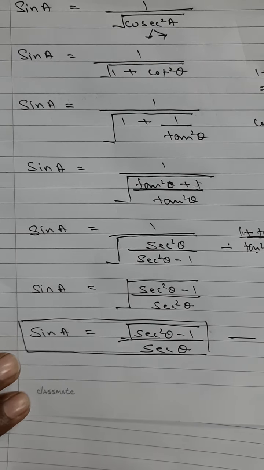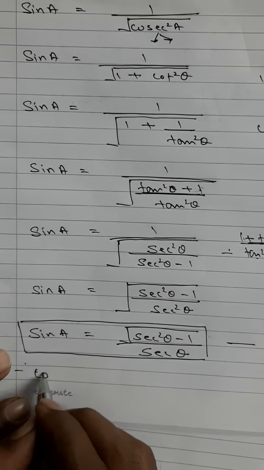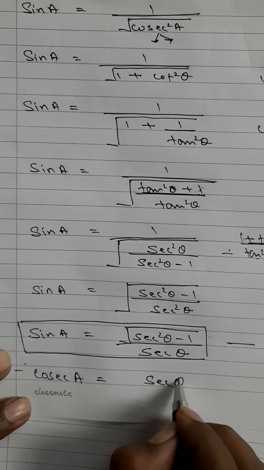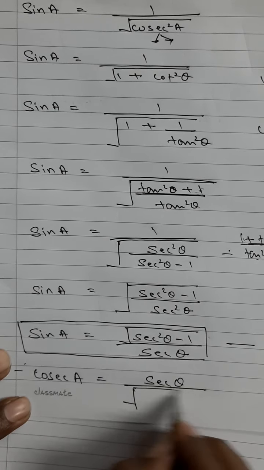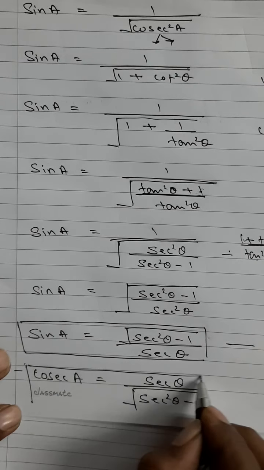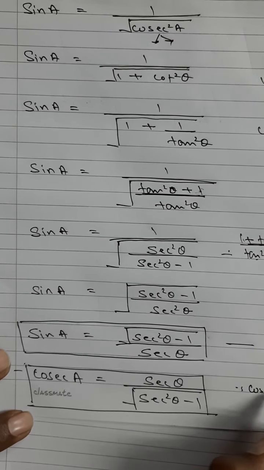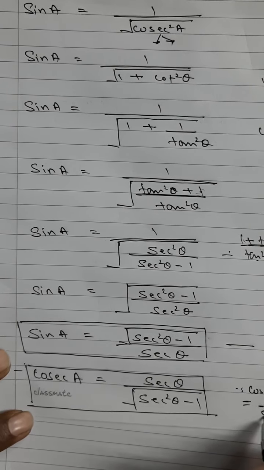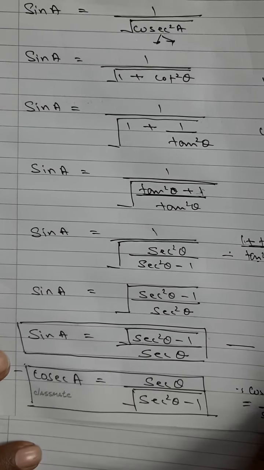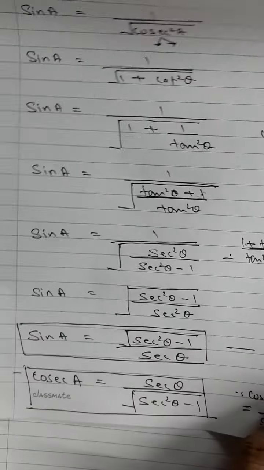The inverse of sine is cosec. Therefore, cosec A is equal to sec theta upon square root of sec square theta minus 1. This is over, since cosec theta is equal to 1 upon sine theta, just have to invert. I may require this, so I have to keep this in mind.